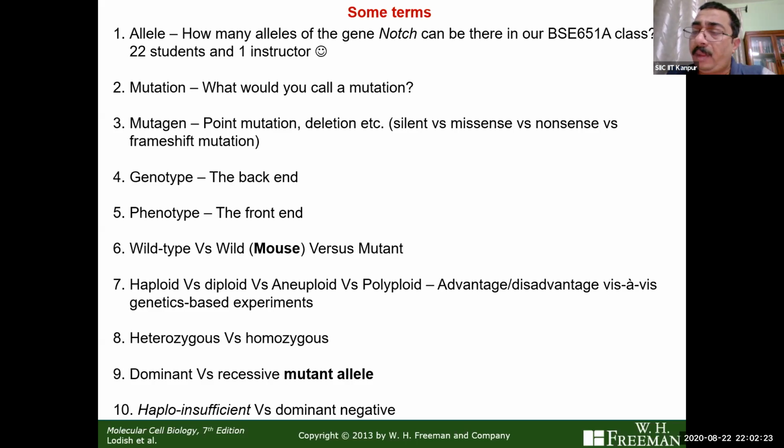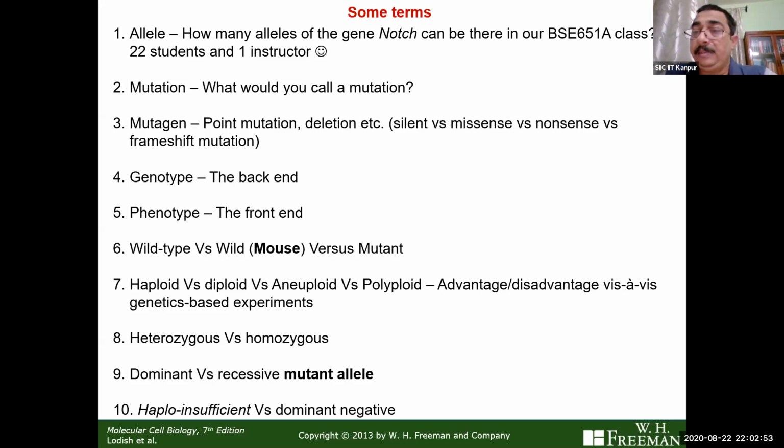Because of that, you may need protein produced from both the chromosomes. For every gene we have two copies, right? For the majority of the genes, the second copy is redundant, meaning even if you don't have it, you will not know and there will be no phenotype seen.